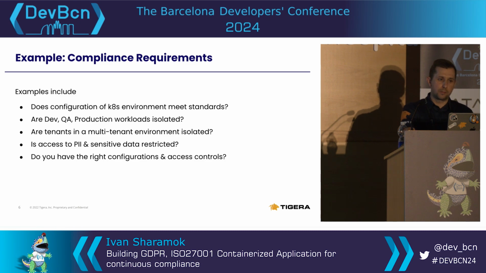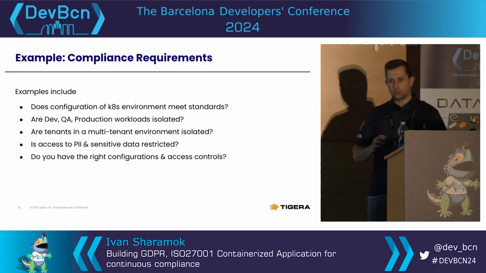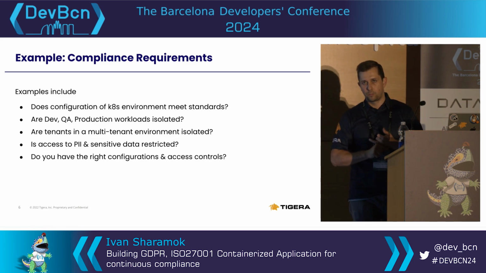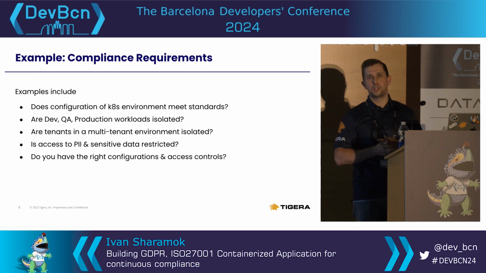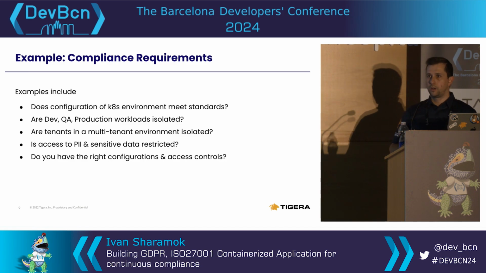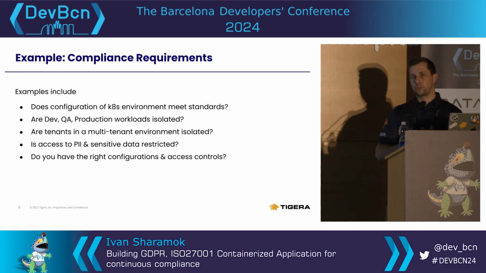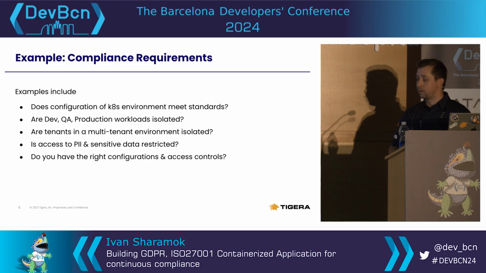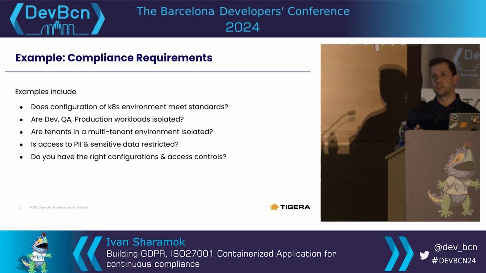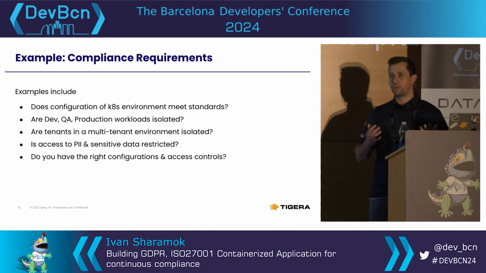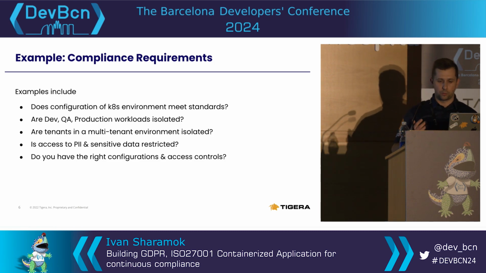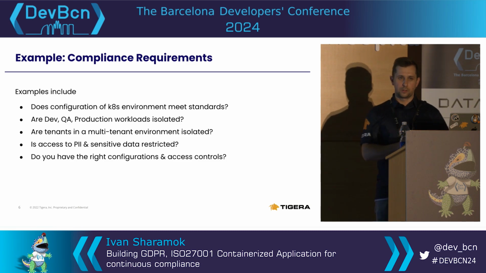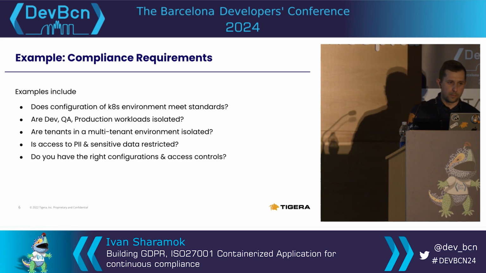So some of the examples of compliance is that your Kubernetes environment itself, when you build it, needs to be compliant with certain standards. If you've heard, there is CIS or CIS benchmarks. That's one of the examples that works for analyzing your Kubernetes nodes, whether they are compliant with certain standards or whether you have some configuration in there that needs to be adjusted so that you can prove your compliance.